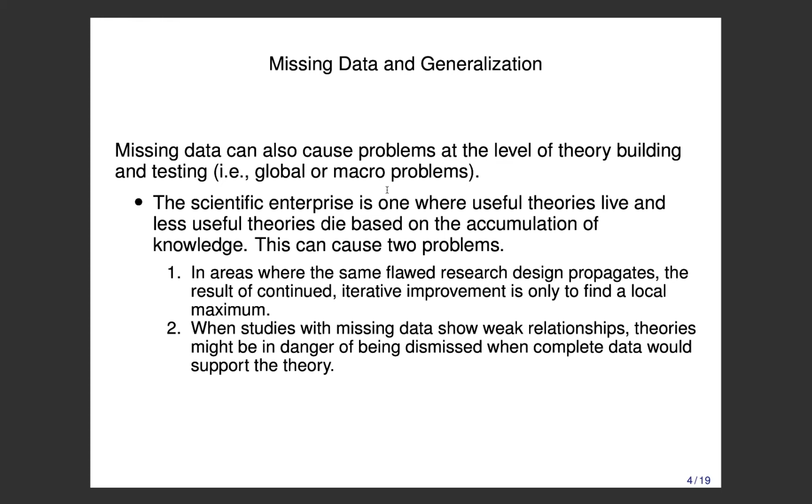The first is that in areas where the same flawed research design propagates, the result of continued iterative improvement is only to find a local maximum. That is, if we're all using a bad way of doing research, then the result that we get from iteratively improving on our bad research design is not necessarily the truth that we're looking for.